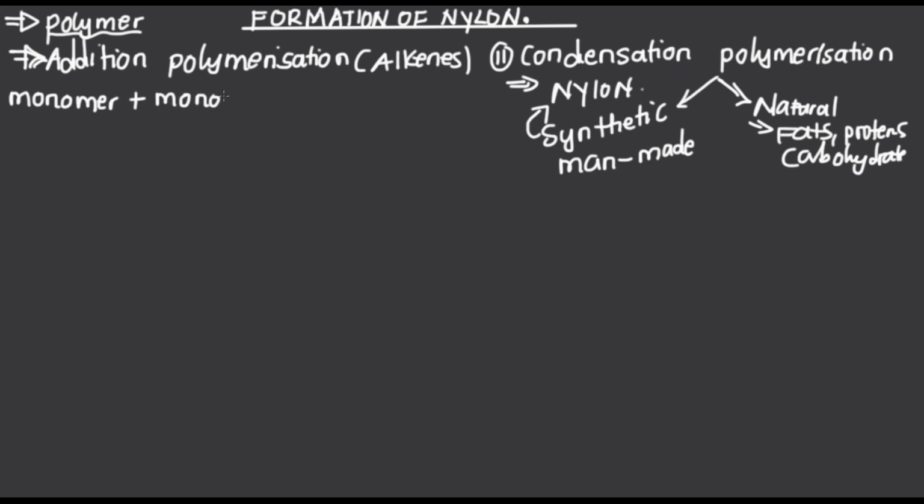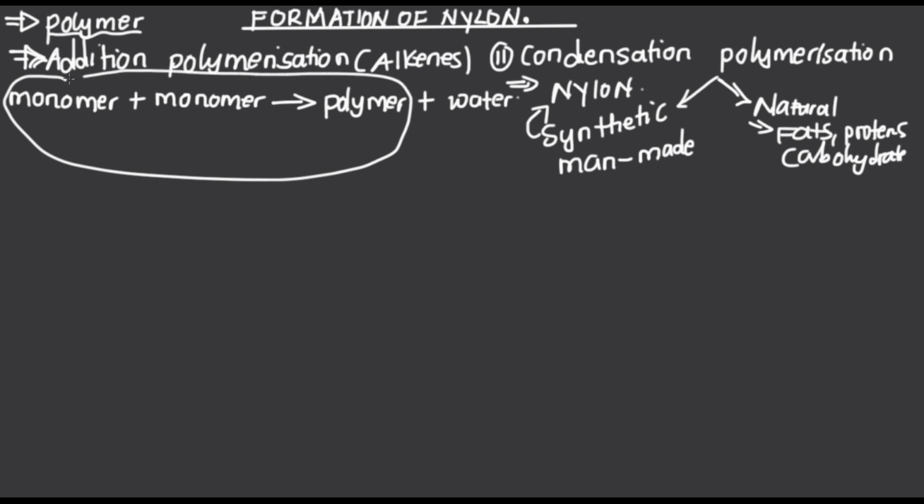We combine them, and they give us a polymer, in our case a nylon, plus water. If this was addition, it would just end at the polymer. So as long as a polymer is produced along with the elimination of water, such polymerization is condensation polymerization.